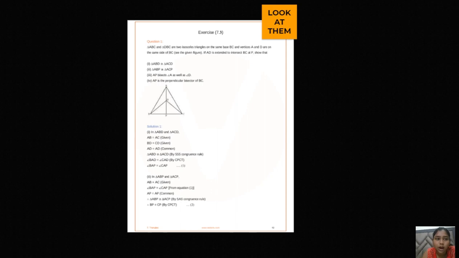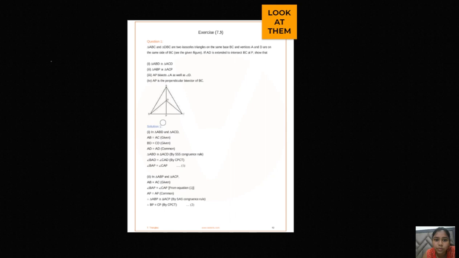A and D are on the same side of BC. So ABC is an isosceles triangle and DBC is also an isosceles triangle, present on the same base BC, right? If AD is extended to intersect BC at point P, show that triangle ABD is congruent to triangle ACD.